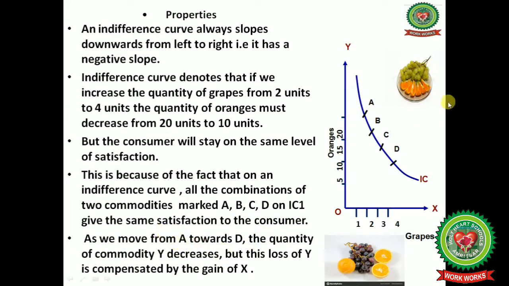As we move from A point to D point, the quantity of commodity Y will decrease and the quantity of X will increase. But the loss of Y is compensated by the gain of X commodity.